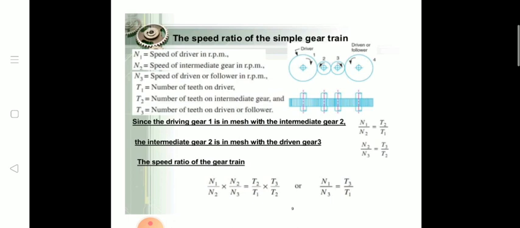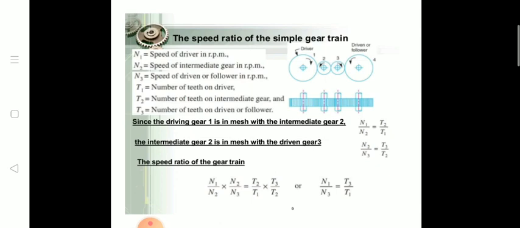Similarly T1, T2 and T3 are taken. Now n2 is the speed of the intermediate gears 2 and 3, because the diameter and the number of teeth are the same on both gear 2 and gear 3.